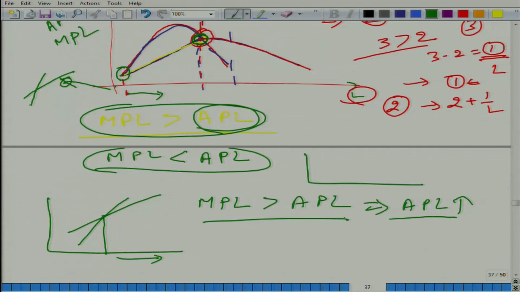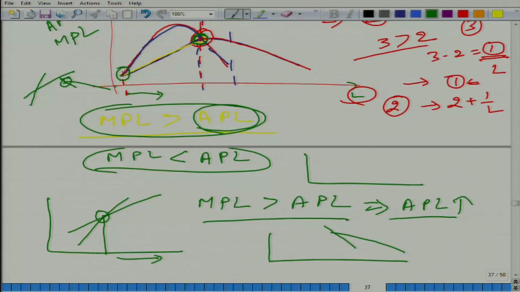So, if APL is increasing by increasing labor, it cannot attain maximum here. Fine. While what's happening here? Is it possible for MPL to cut this from below? Here it is cutting from above.